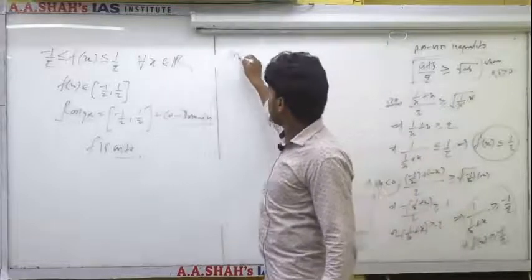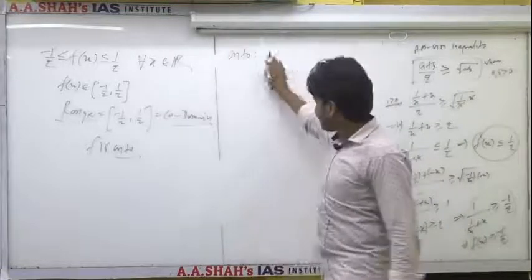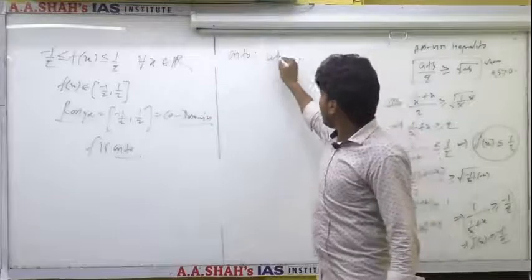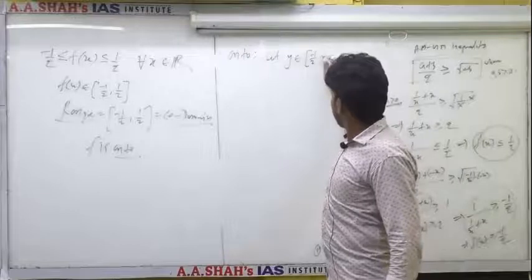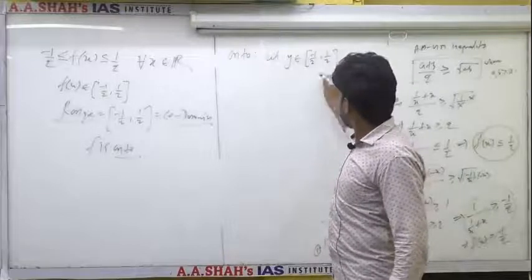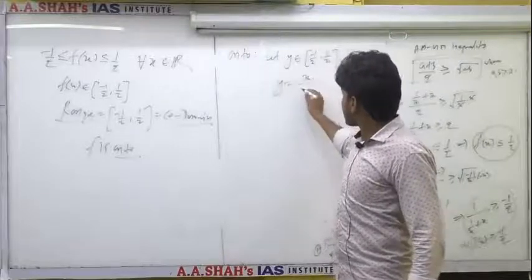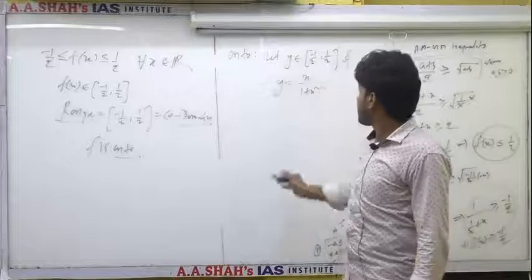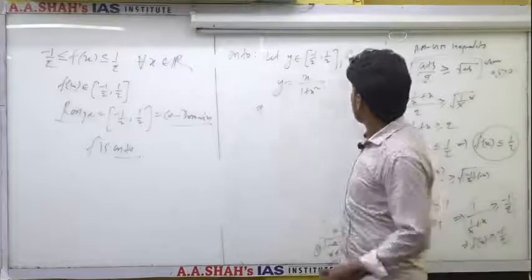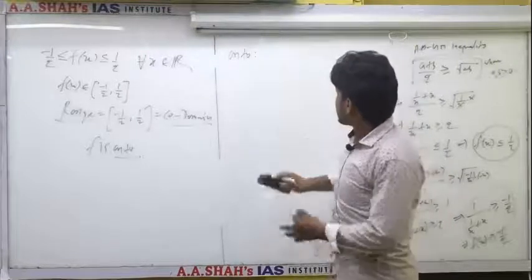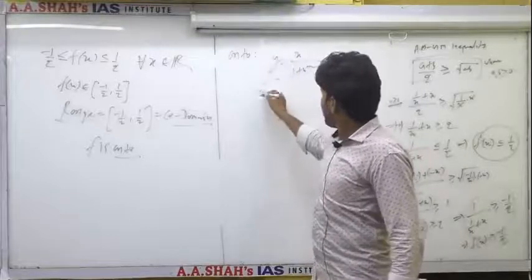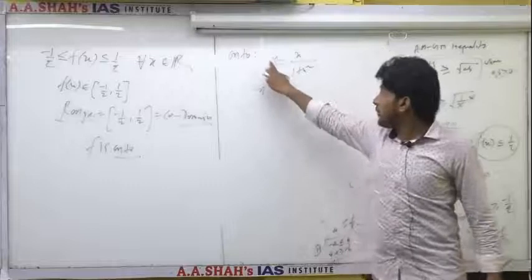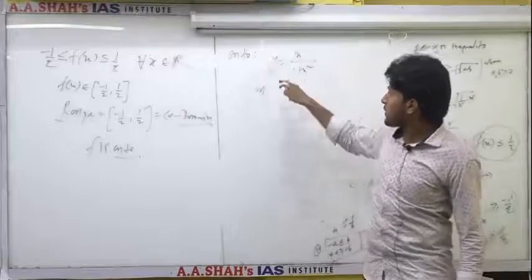Let y belong to the codomain and assume y is equal to x upon 1 plus x square. We have the value of y in terms of x.